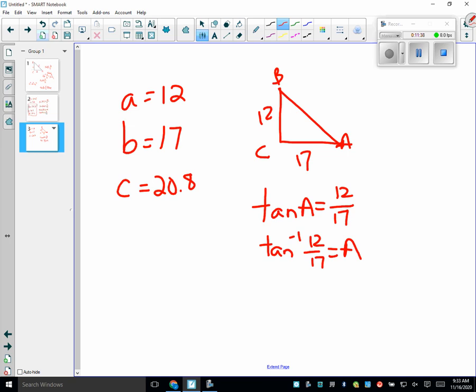Do you all agree? Yep. Yes. A is 35.2 degrees. Now, how am I going to find angle B?